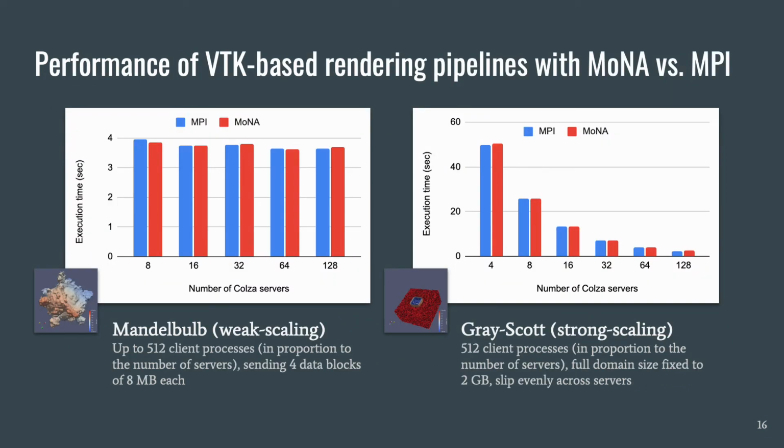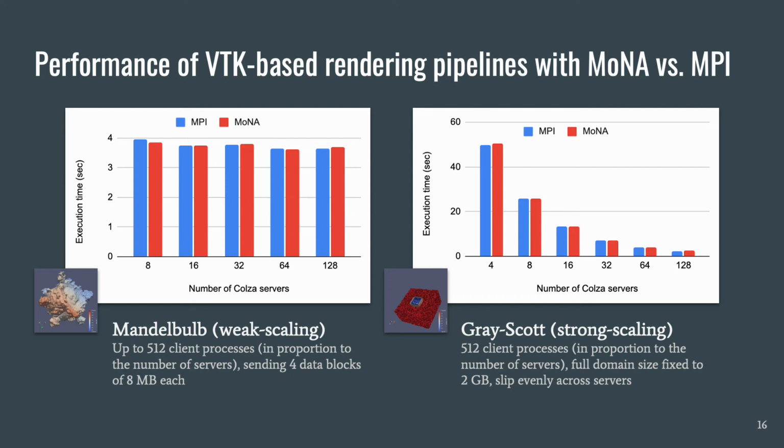These figures show the execution time of the rendering pipeline with Mona in red and MPI in blue. We vary the number of Colza servers, and we use a weak scaling setup for Mandelbrot, doubling the number of client processes when we double the number of Colza servers. And we use a strong scaling setup for the Gray-Scott simulation, where the same amount of data is rendered with different numbers of Colza servers.